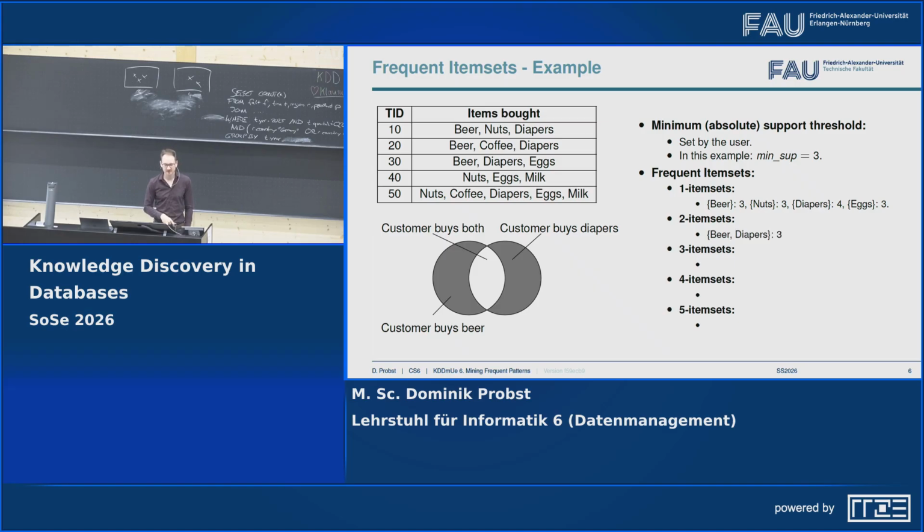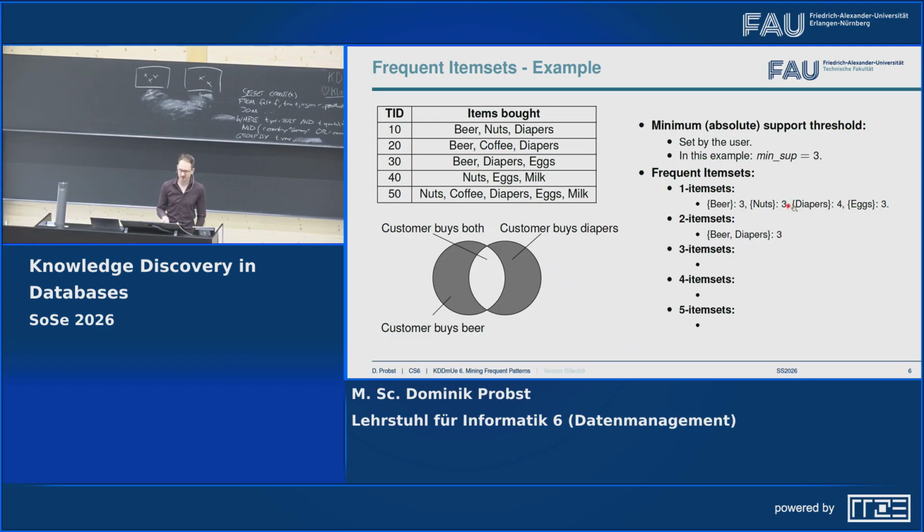For the 2 item sets, we only have beer and diapers. Beer and diapers is part of transaction 10, transaction 20, and transaction 30. Again, order is not important, so it's not important whether it's beer and diapers directly or beer, nuts, and diapers. As long as beer and diapers are present in the same transaction, it counts as 1 occurrence.